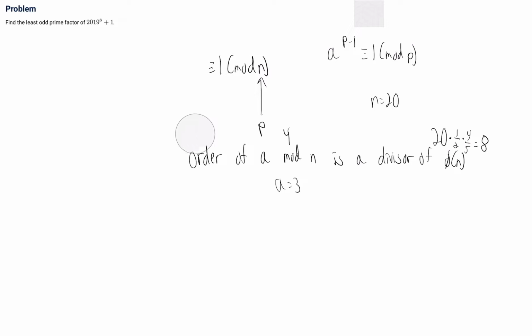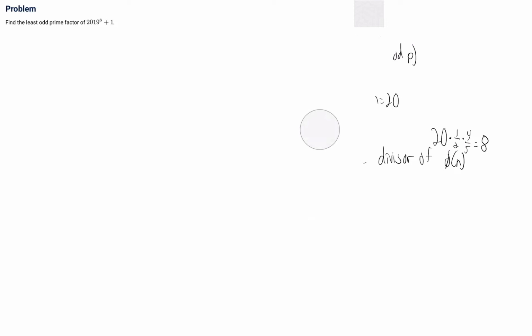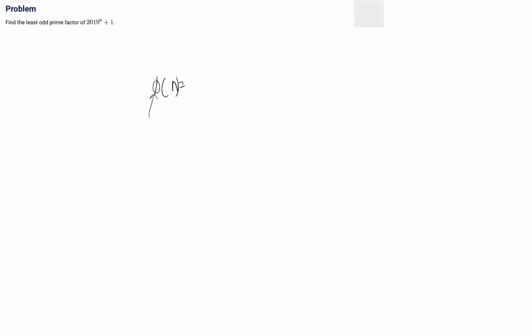And now let's try to solve this problem. There's one quick remark that I want to make with the phi function. We stated that phi of n is equal to, there's some controversy about that, there are multiple ways to write it, but I find that this is the easiest.